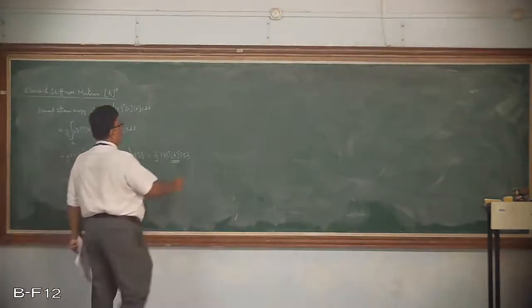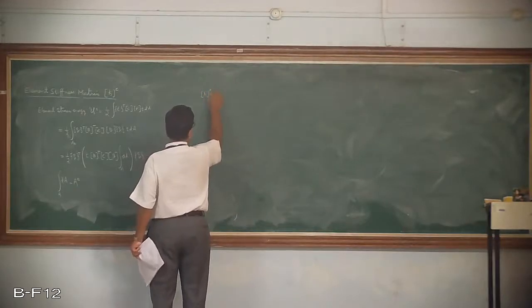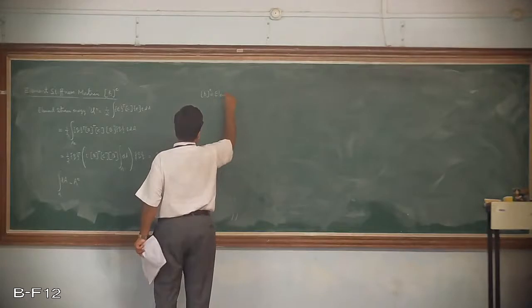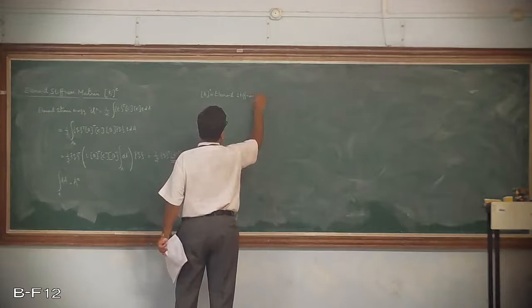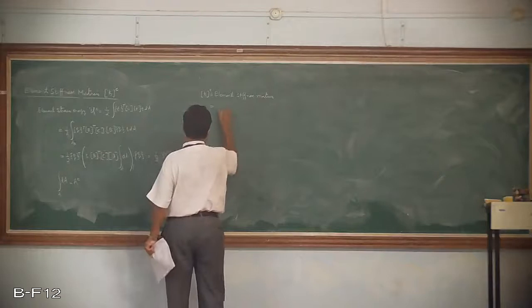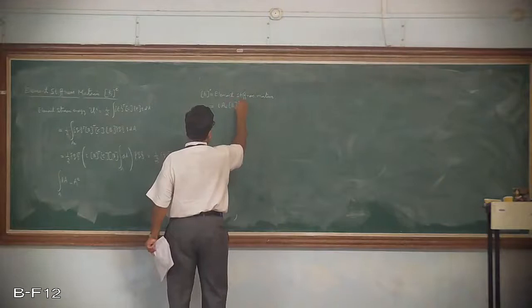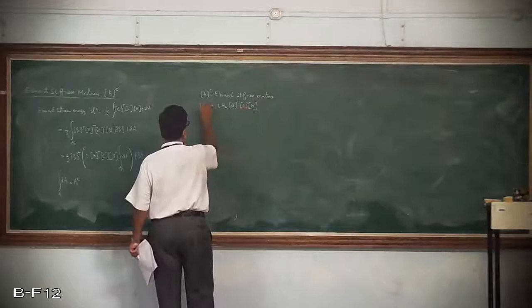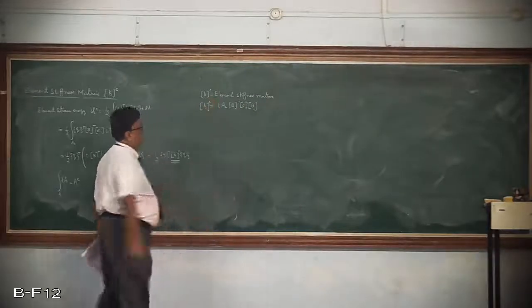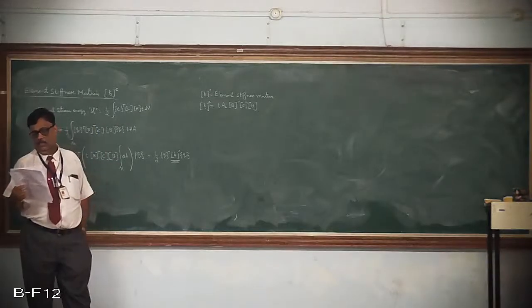So if Ke is my element stiffness matrix, there are no integration terms, so nothing is there. Directly it is a simple multiplication of all these things.